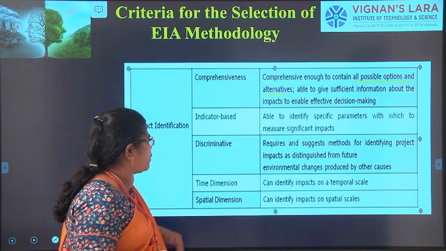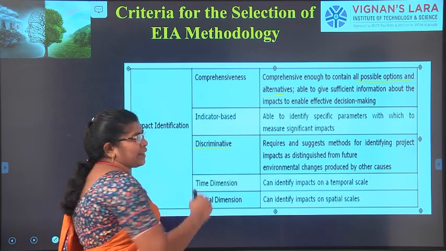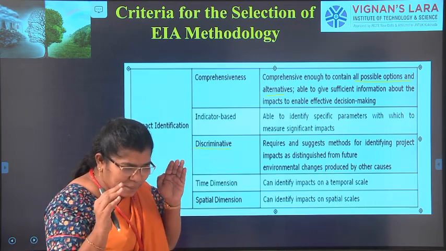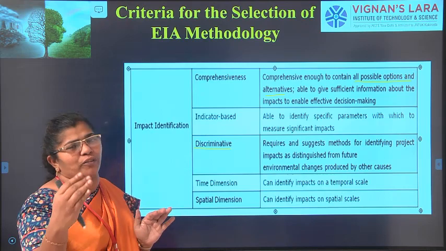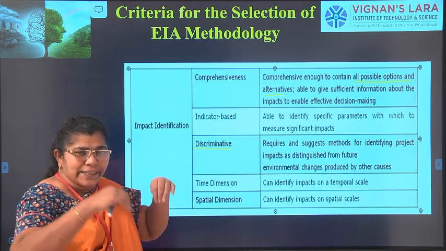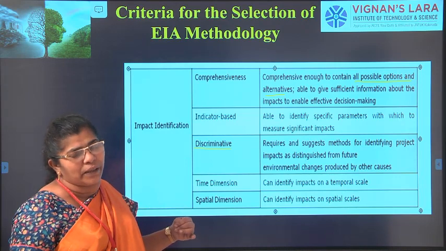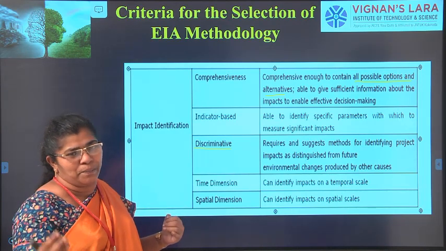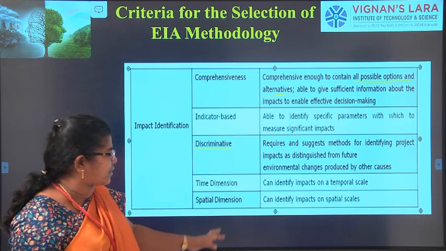That also I have to do. This discrimination should be there: the direct impact of this project, the second-order things that will happen because of this project, and the impacts due to that. The methodology should give all these things.